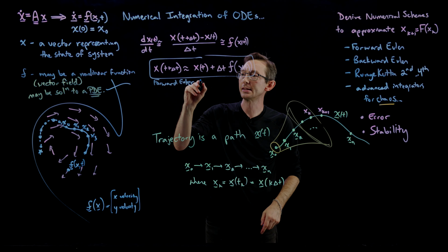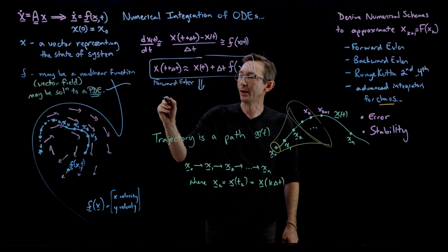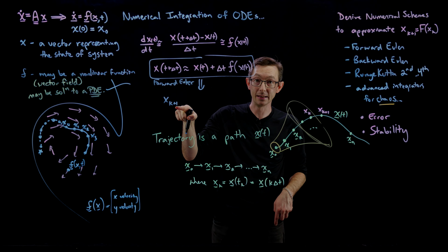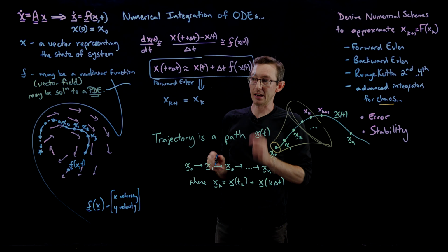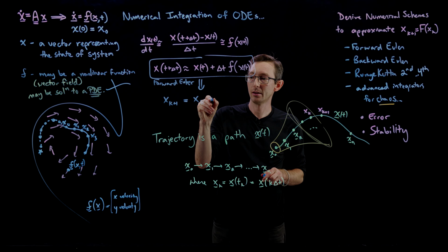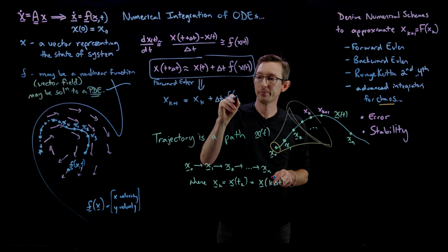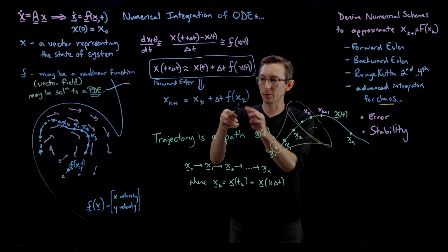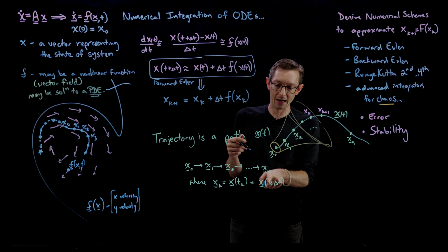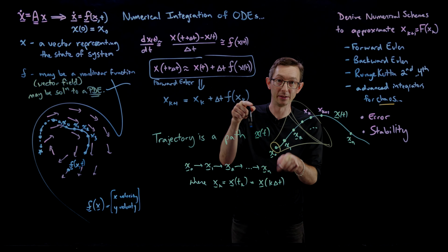And so sometimes you're going to see us write this as x at time step k plus 1, 1 delta t in the future, is equal to x at my current time step plus delta t times f of x at my current time step. The way we would interpret these subscripts is that I'm at time t_k, or time k delta t.